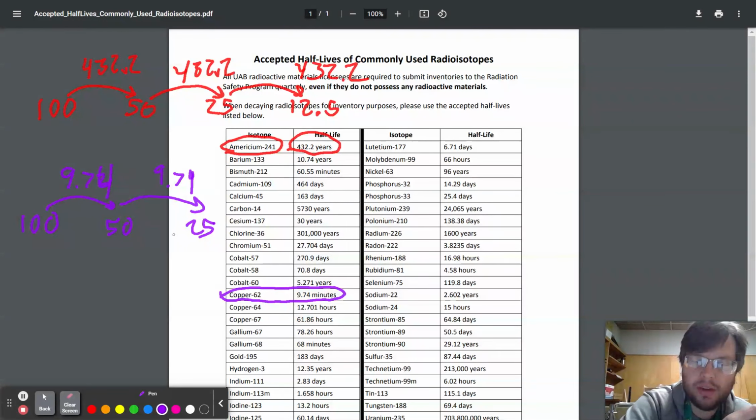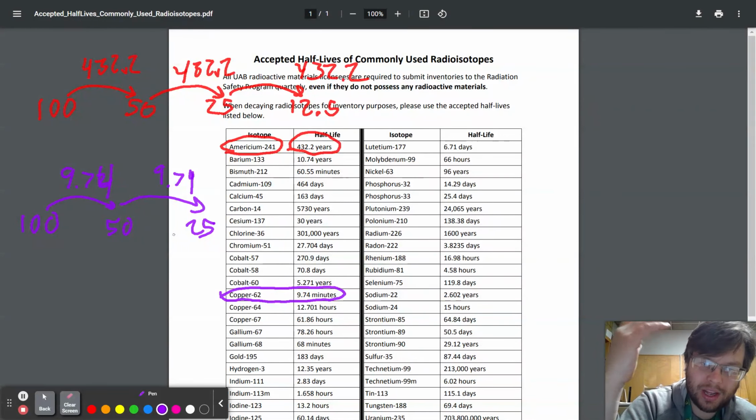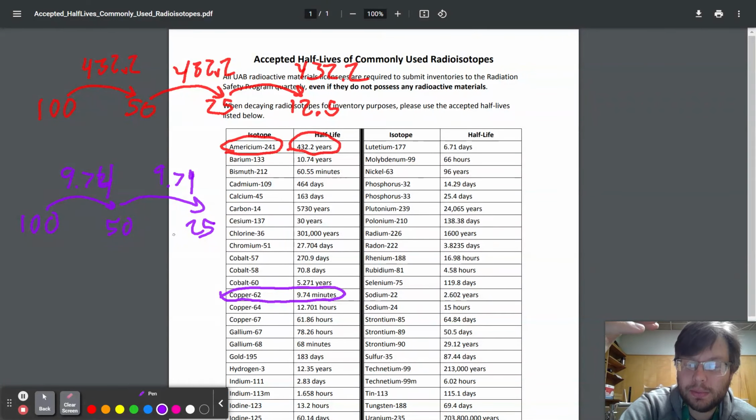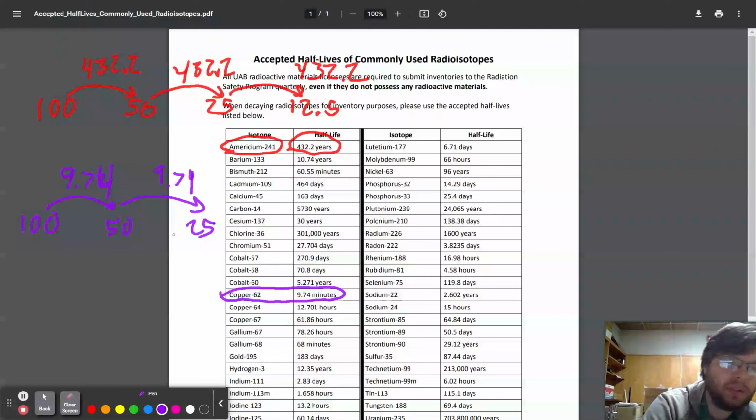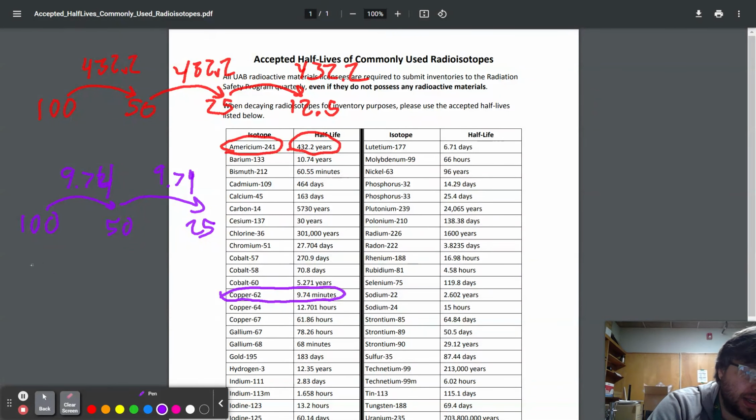So what you can do is take this to come up with an equation that works for any specific time. So for example, let's say I wanted to look at this a little more specifically for my copper of 9.74 minutes. I know when x is equal to 0, I have 100.